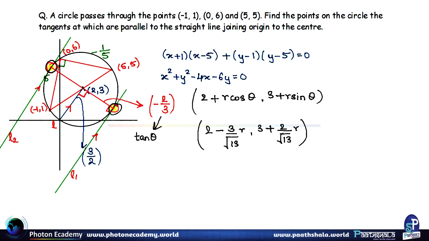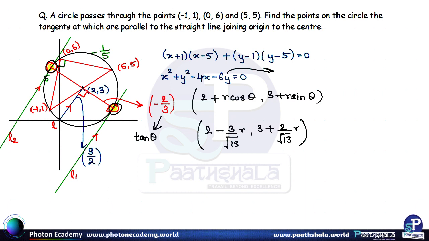Also the radius can be found out from here. The value of r will be root 13 because it is under root 2 square plus 3 square.